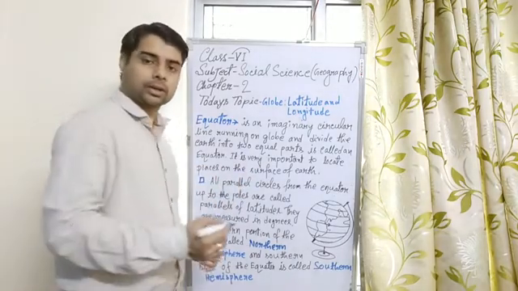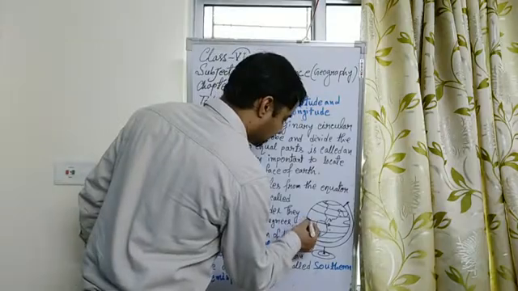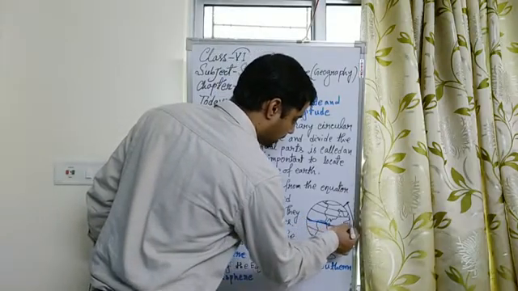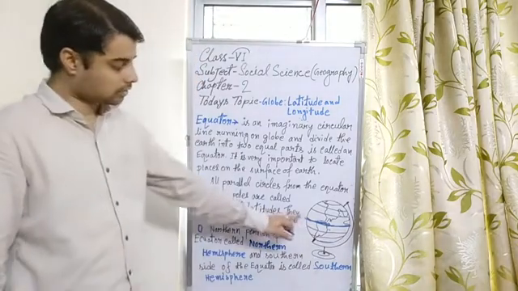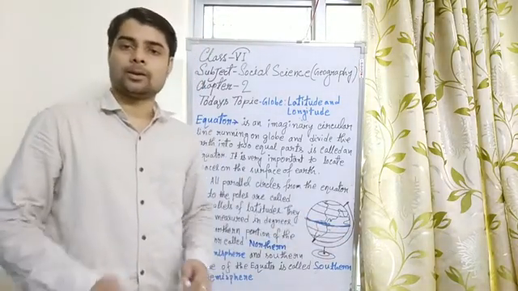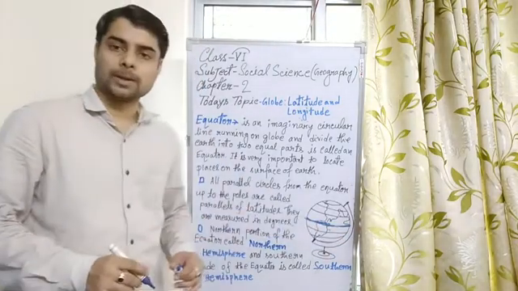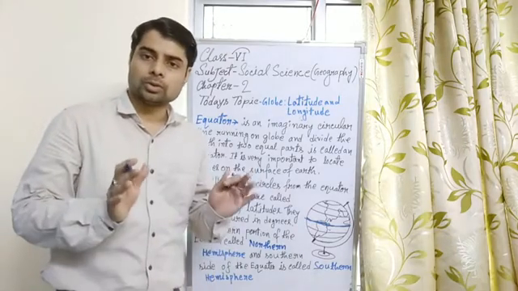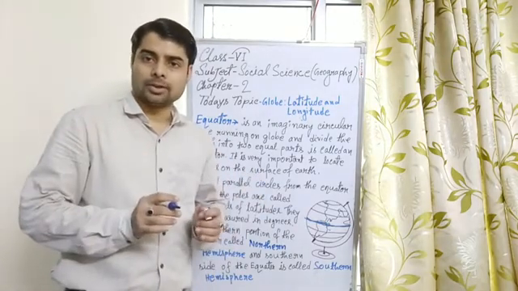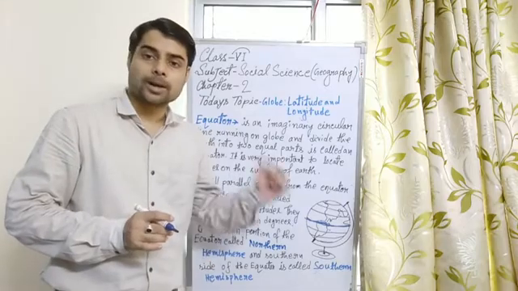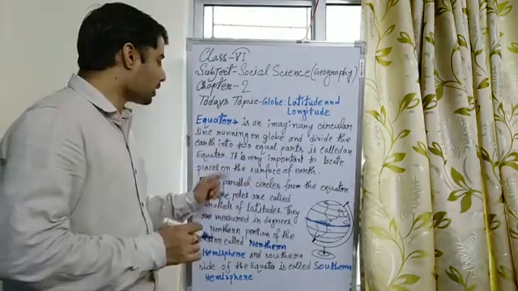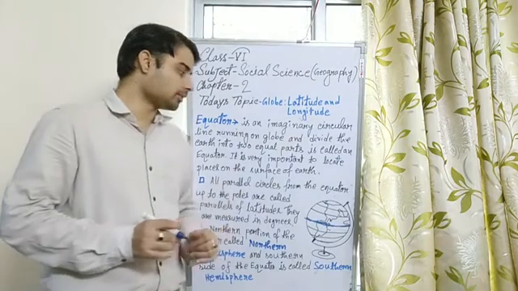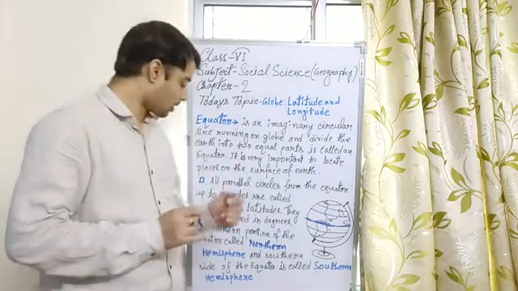If you look carefully on the map, this imaginary line is in the center of the earth. You have also seen this line drawn over the globe, and it's called the equator. The equator is very important to locate any place on the surface of the earth.